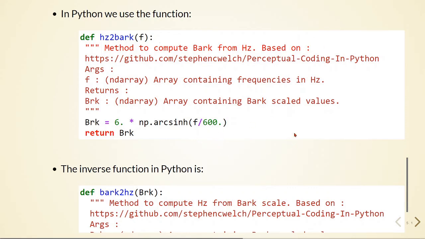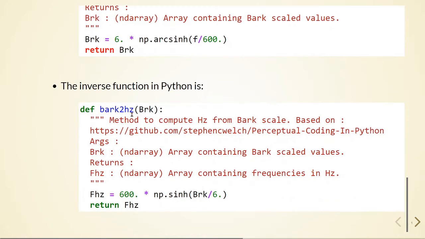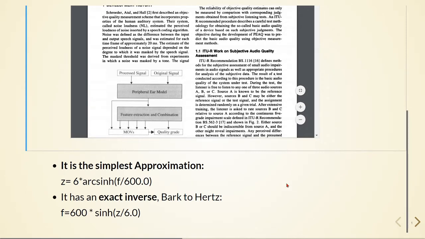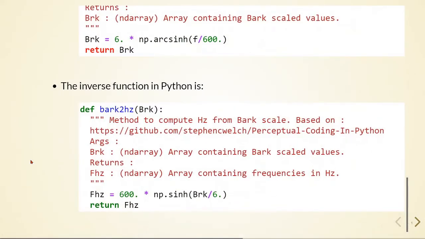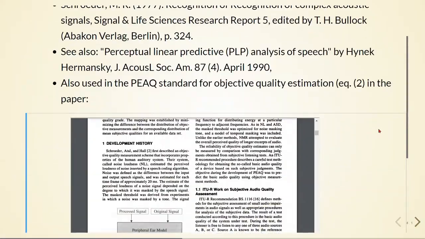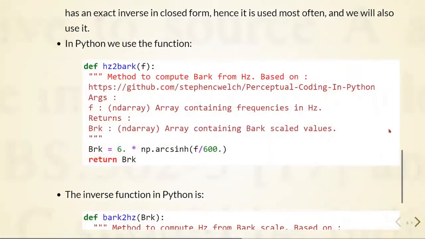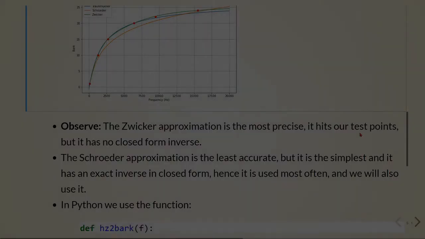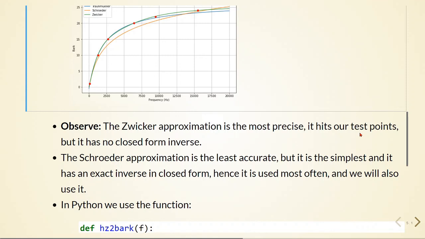And this is the Hertz to Bark that we've been using. And the Bark to Hertz uses the exact inverse, given by 600 times the sinh of the Bark divided by 6. And this is what we see here. So this function we've been using before uses this approximation given by Schroeder, which is not a perfect approximation, but as we've seen before, it is the simplest approximation, and it has a closed form inverse, which makes life much easier for us.